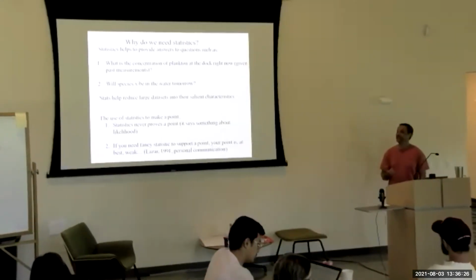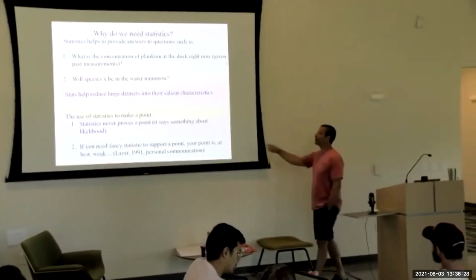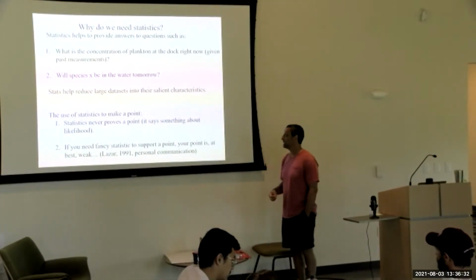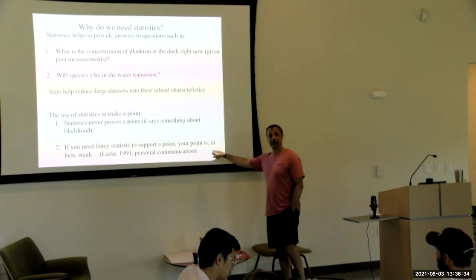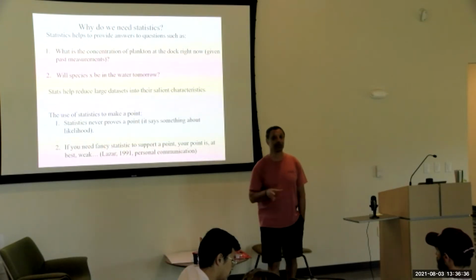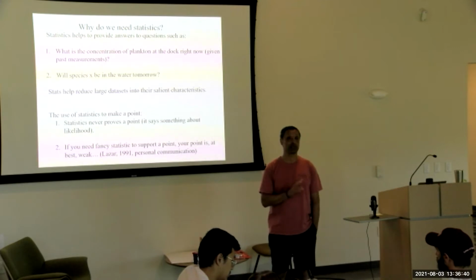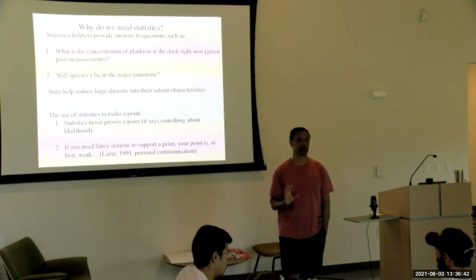Statistics never proves anything. It says something about likelihood, but it does not prove anything. The other thing, which I learned early in my career and really like, is that if you need very fancy statistics to make a point, your point is at best weak.